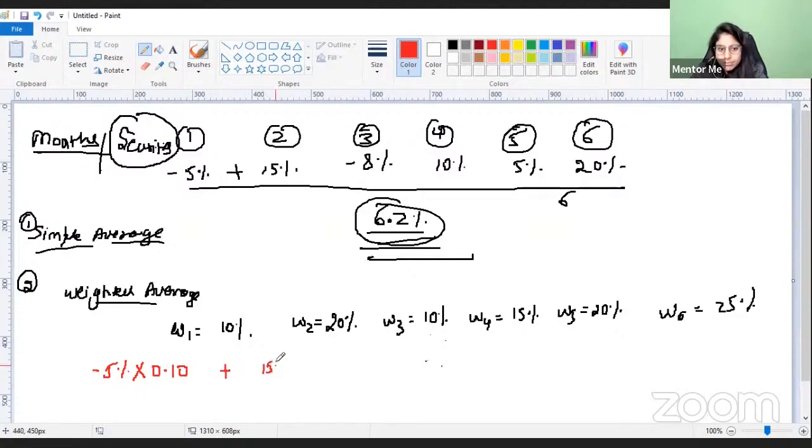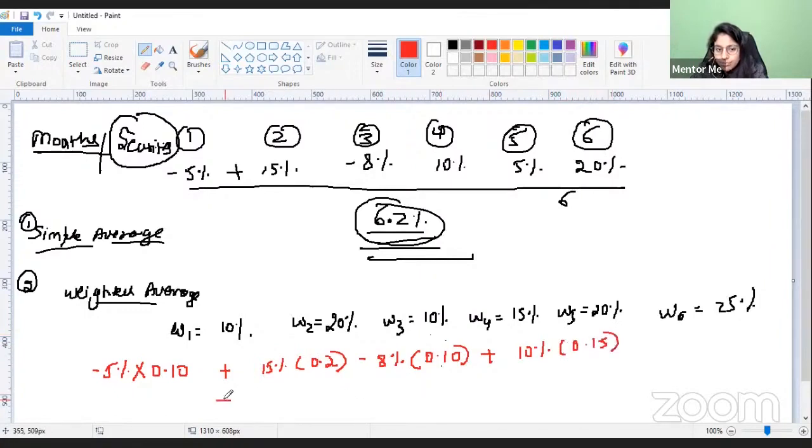plus 15%, that is the return of the second security, into the weight of second security, which is 0.2. Then again minus 8% into the weight of third security, which is again 0.1, plus fourth security return is 10% and the weight is 0.15.